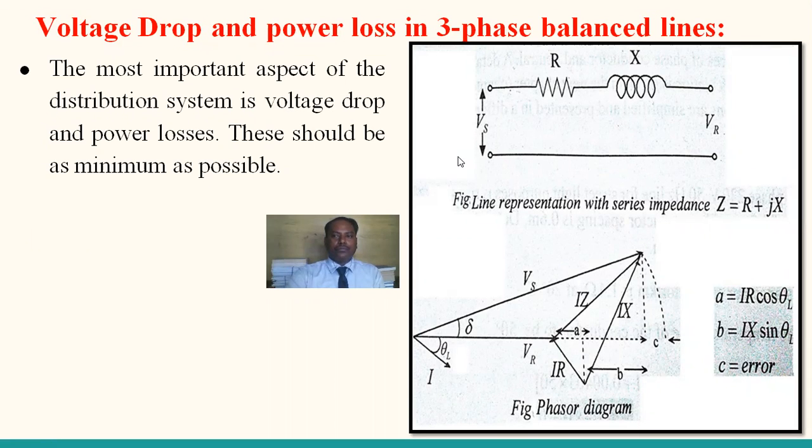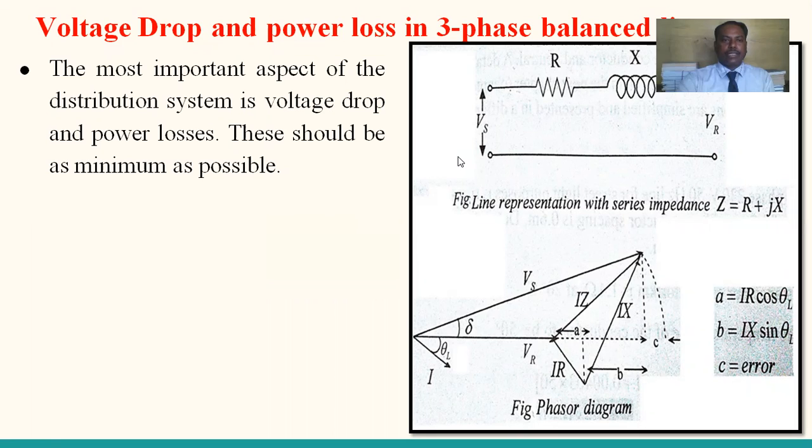The most important aspects of the distribution system are voltage drop and power losses. So for a better system, these should be as minimum as possible. If you keep the voltage drop and power loss as low as possible, the system is a highly efficient system.